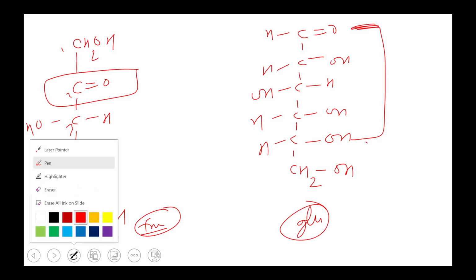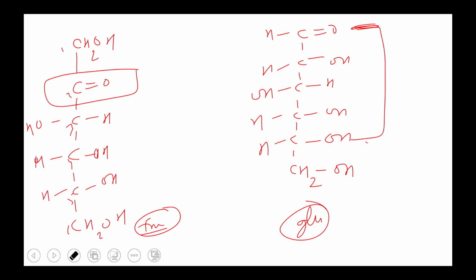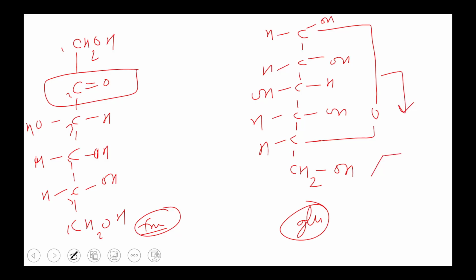So what happens here is, this particular one becomes like this, and this is the hemiacetal bond that is being formed, and this can be converted in the cyclic form.